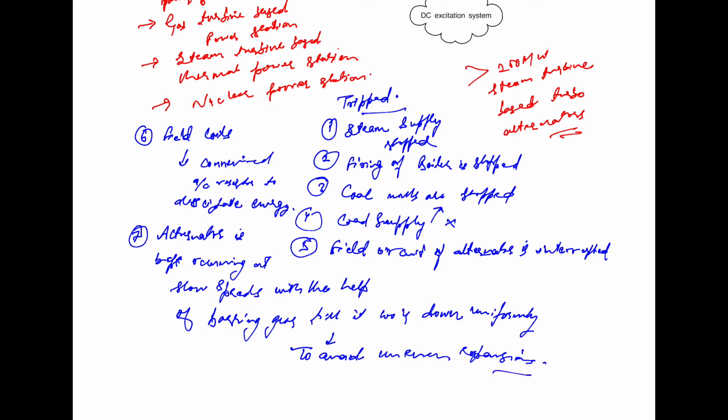Now, putting back the alternator on the line is actually rather a slow process because all the parameters, that is the temperature, then the pressure, have to be progressively built up to avoid the thermal shock, resulting in uneven expansion, which might cause unacceptable vibrations.